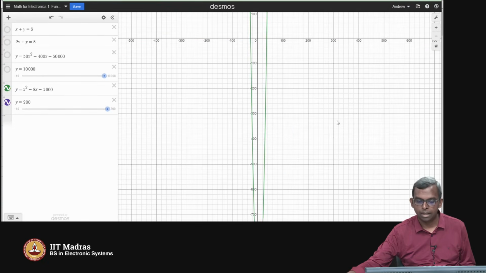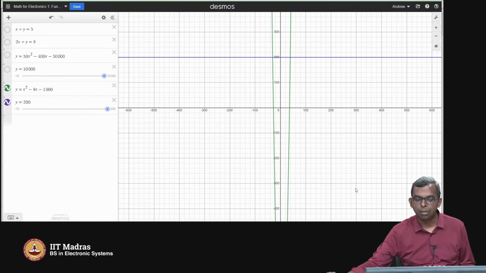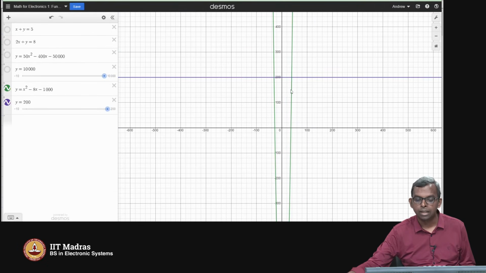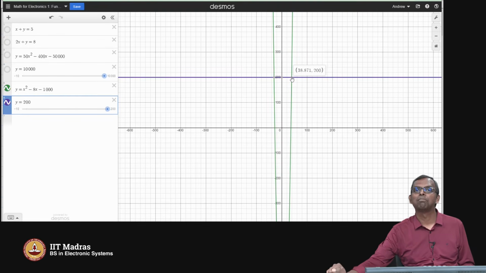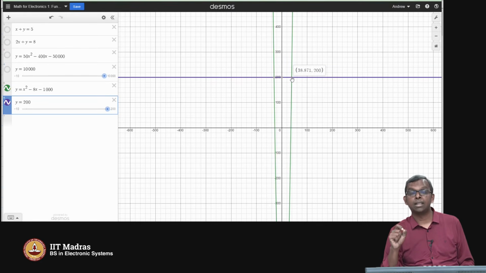It's not too bad. You see the parabolic shape, and it comes up and it hits 200, and guess what this point will be? 38.871, right? So both of these are perfectly equivalent, and it hits 200 at 38.871, and that is our solution, wasn't it?